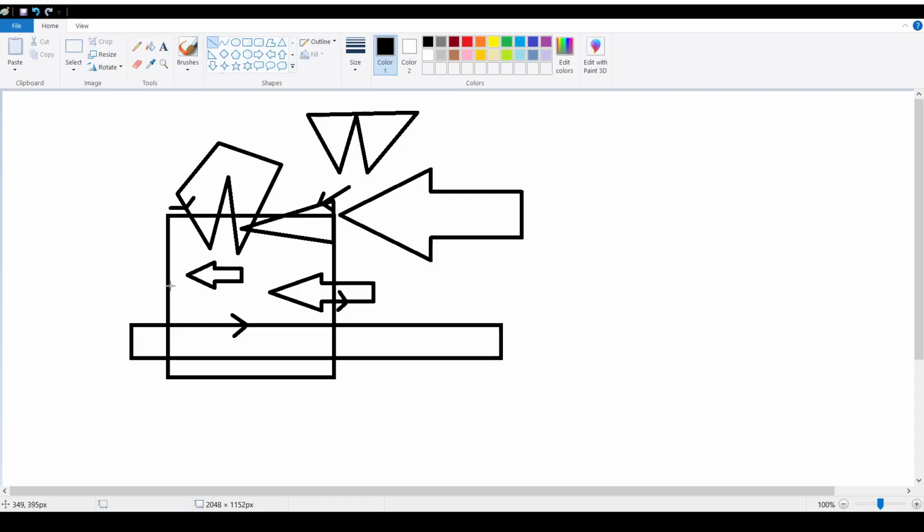Now, what about if we had something like that? We count this thing twice because both lines have an intersect there.